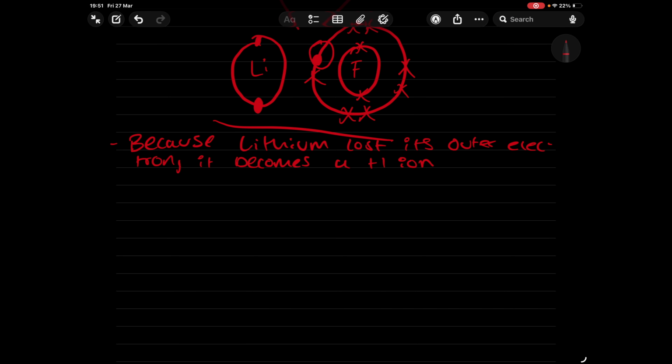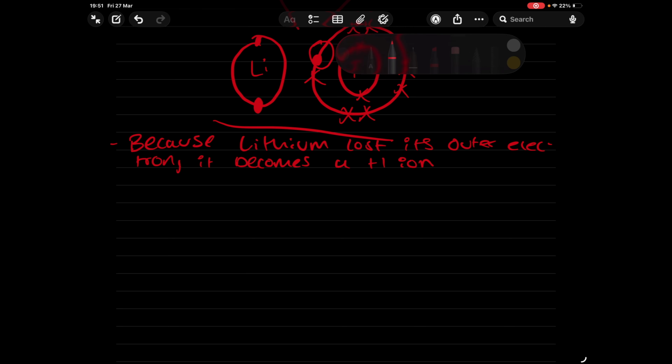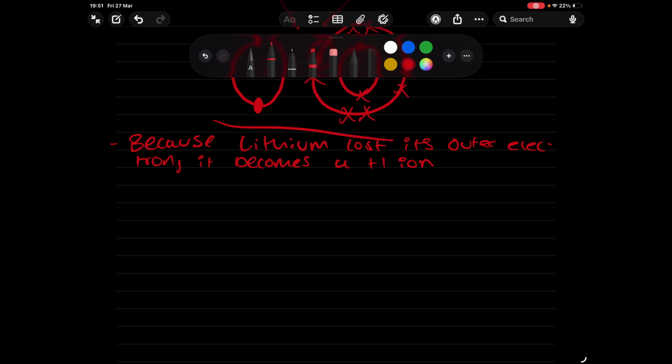That's a key term that we have to remember. Can I highlight? Oh, I can. So because lithium lost its outer electron, it becomes a +1 ion.